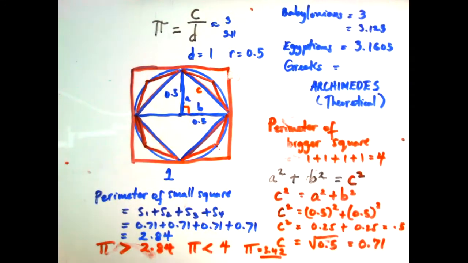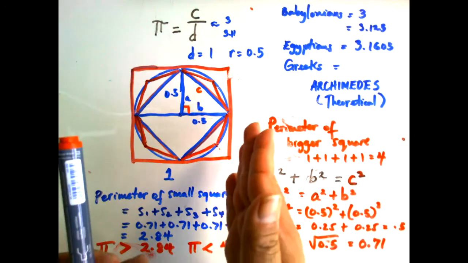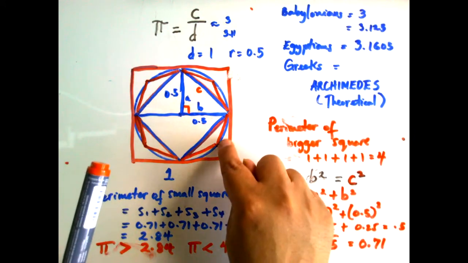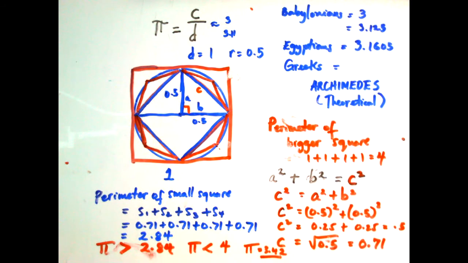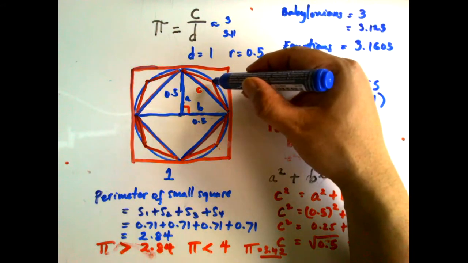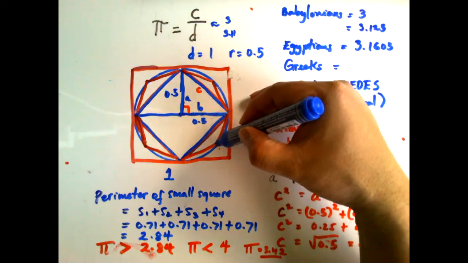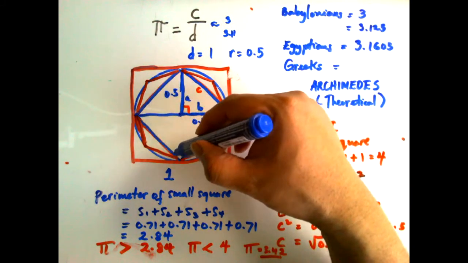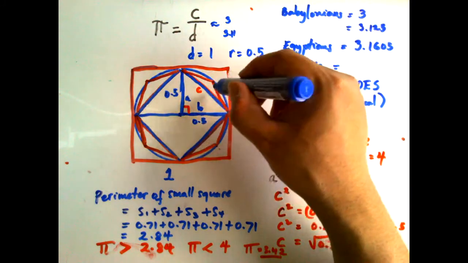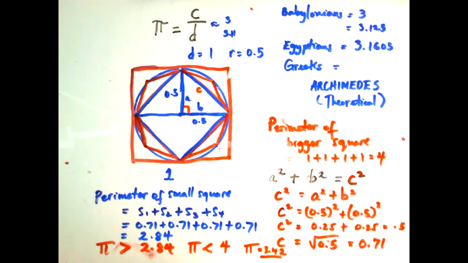And that's really the homework. The more sides there are, the closer we are to the perimeter of the circle, which is really the circumference. So homework is find the perimeter of the octagon inscribed within the circle. That's your homework.